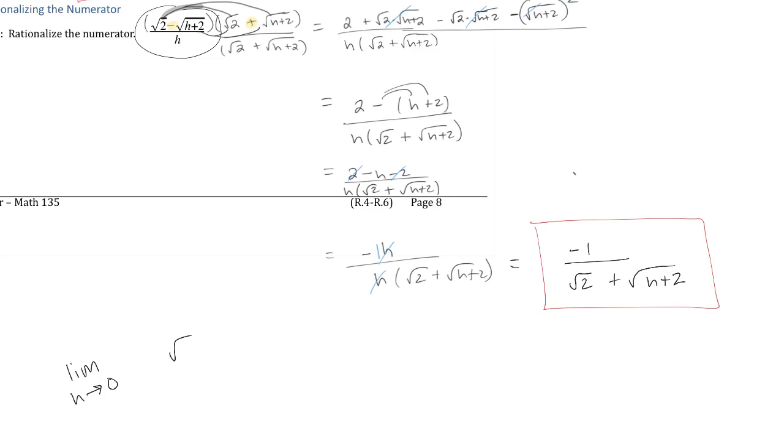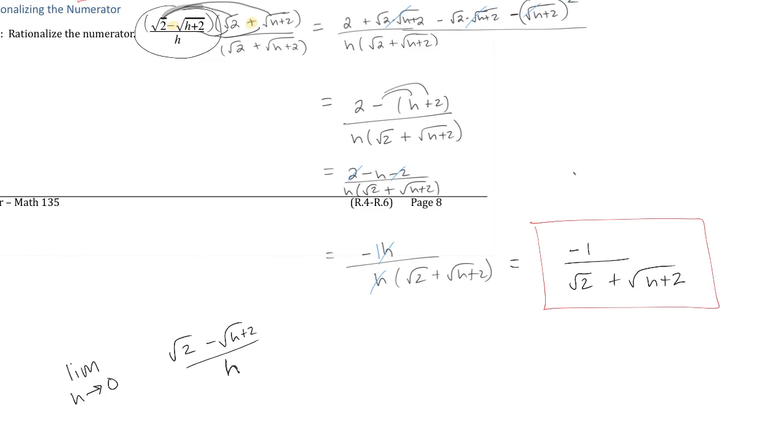And our original had zeros in both the top and the bottom, so it would be hard to evaluate because we had h down in the denominator, so it would be undefined.